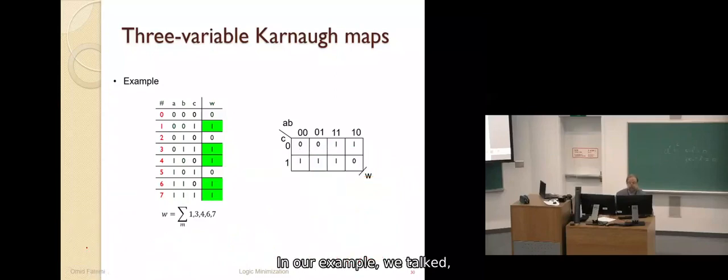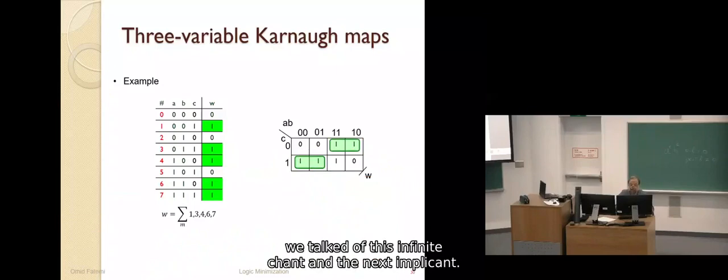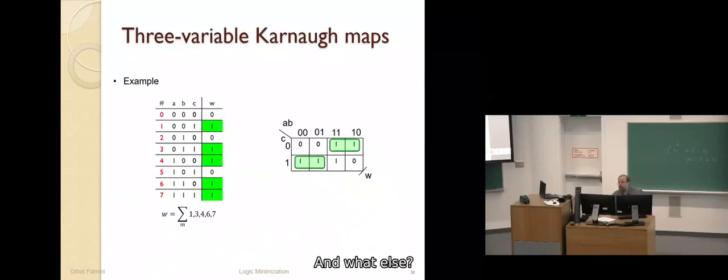In our example, we thought of this implicant and the next implicant. And what else? What other implicant that we could see here? A, C naught. C naught is this, A is this, and A, C naught. You mean this, yeah?